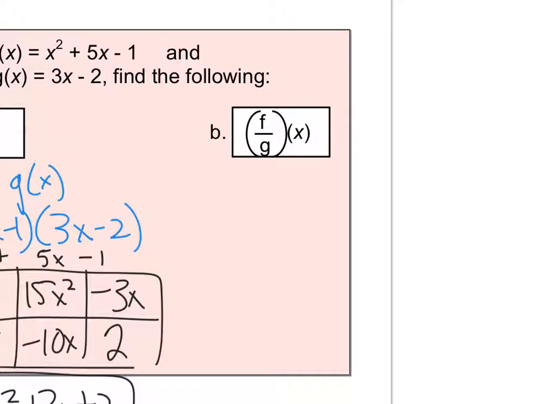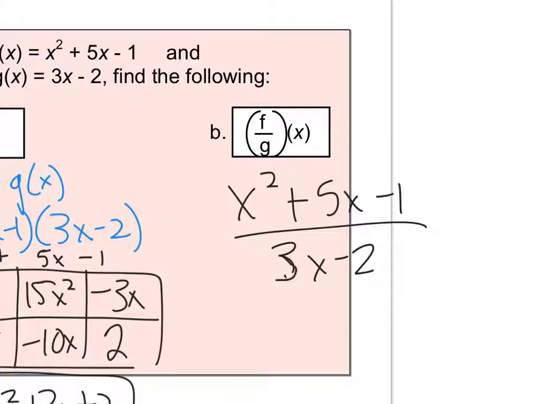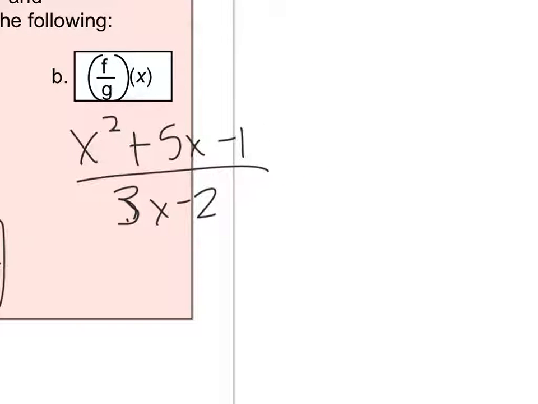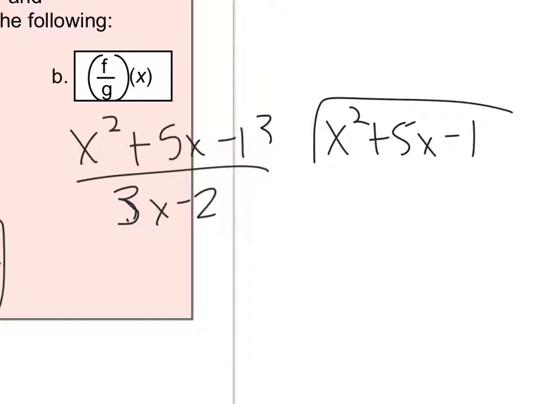When I do division, same kind of idea. I'm going to take x squared plus 5x minus 1 over 3x minus 2. Now this is where things get a little tricky, because I've got to do either long division or synthetic division. I can do long division, x squared plus 5x minus 1 over 3x minus 2, which you cannot really do very easily.